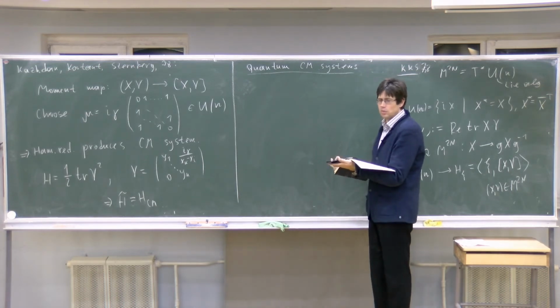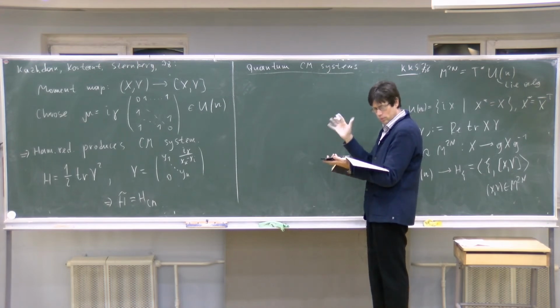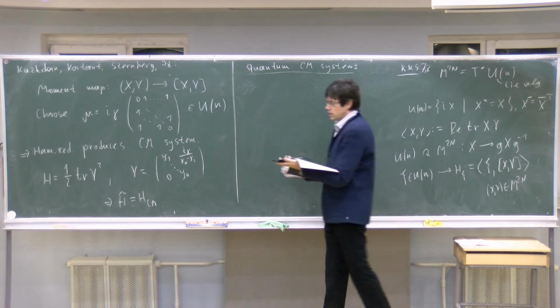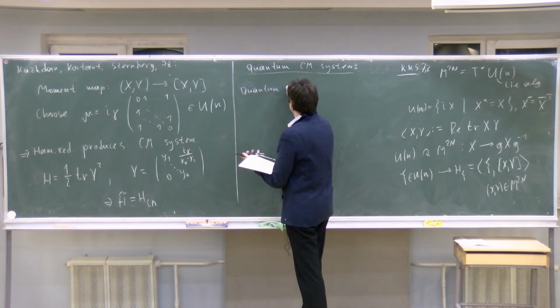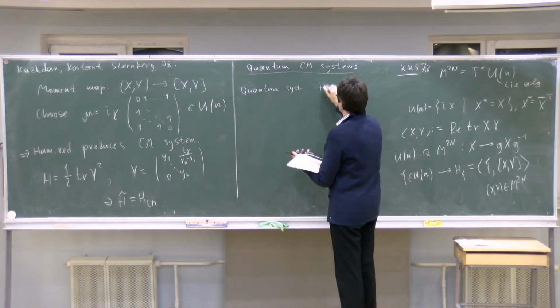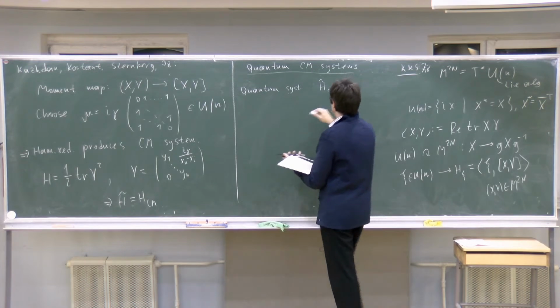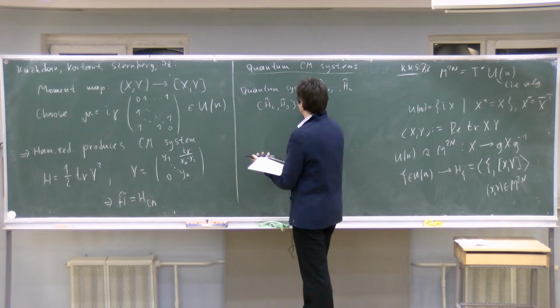Like in the same definition as I gave two times ago, the quantum integrable system is just a set of n pairwise commuting Hamiltonians, which are differential operators.